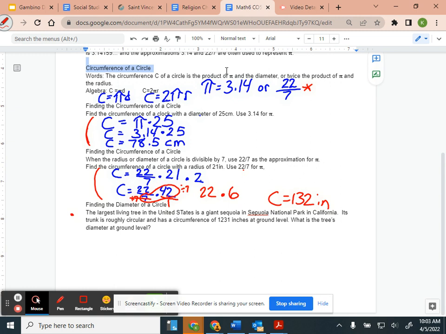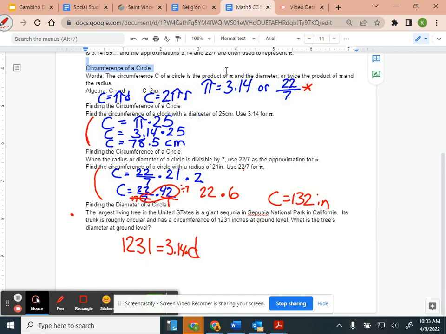So we know the circumference, so we put the circumference in for the C. We want to find the diameter, and we know that pi is 3.14. We know we're multiplying, so 3.14 times d equals 1,231.